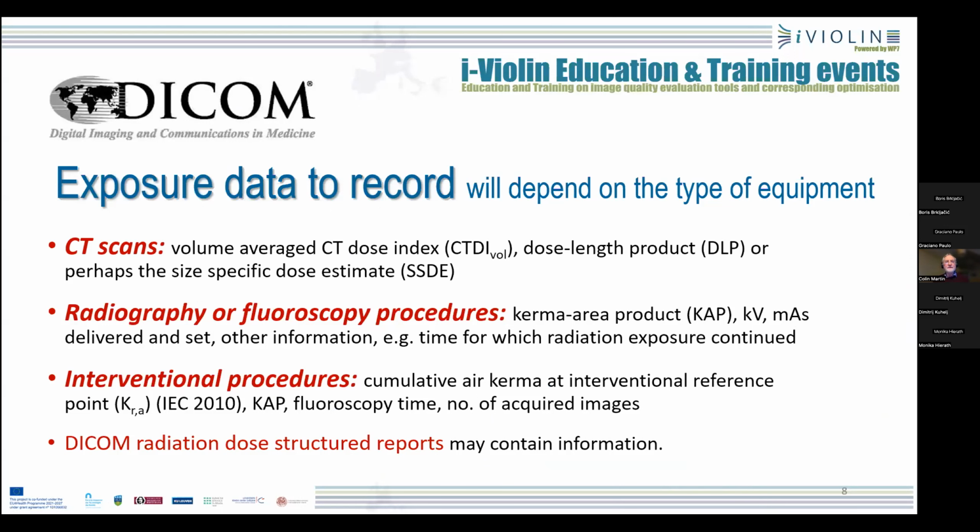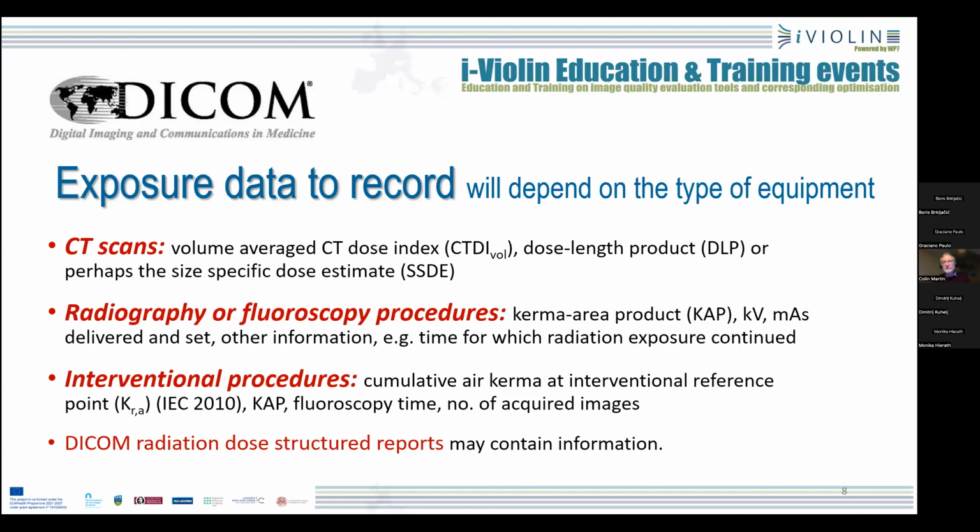So for CT, this would be the CTDI, CT dose index. It would be the dose length product, and it could be the size specific dose estimate if that's also included in the display in new scanners. For radiography or fluoroscopy, it could be the Kerma area product, kV and mAs.